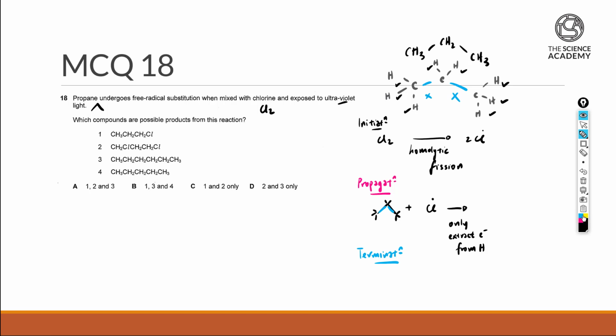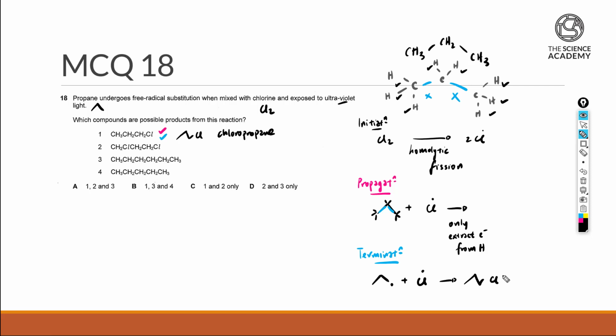So in number 1 here, we're looking at the formation of chloropropane. This is definitely not an issue. It can be generated from the propagation step, but it can also be generated from your termination step simply by having your propyl radical react with a chlorine free radical. It becomes your chloropropane, as you can see over here.